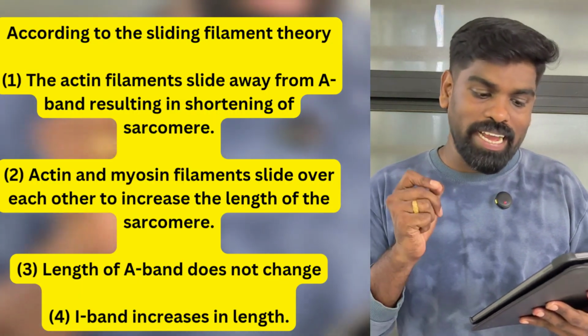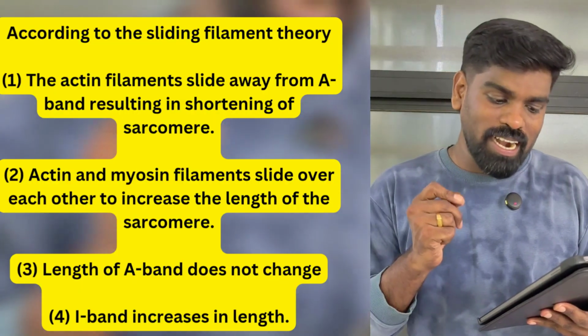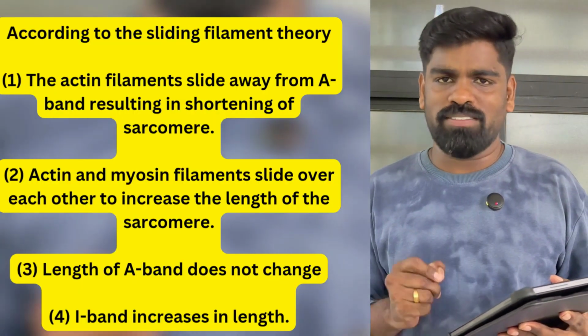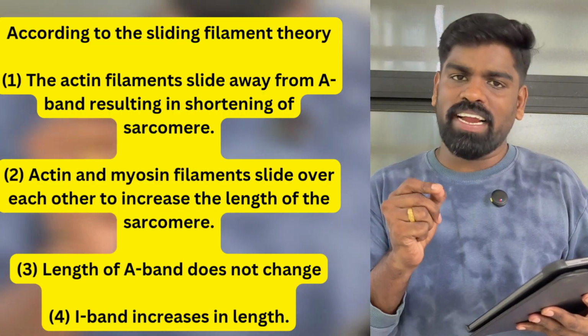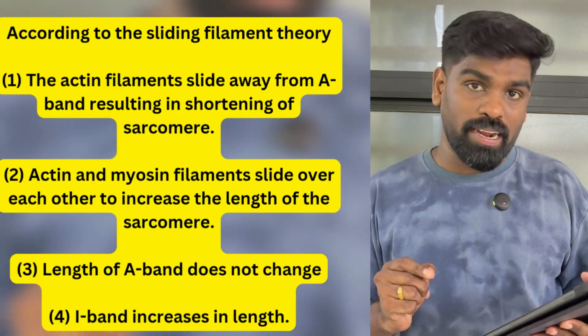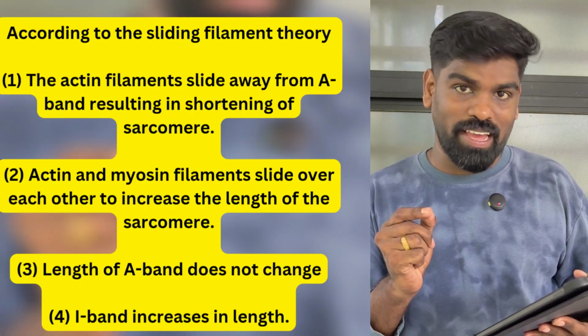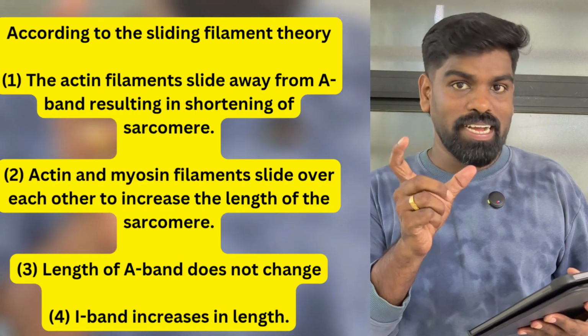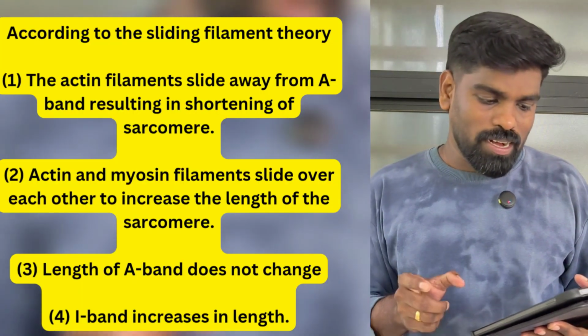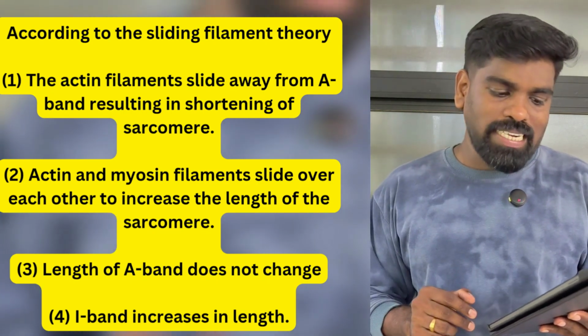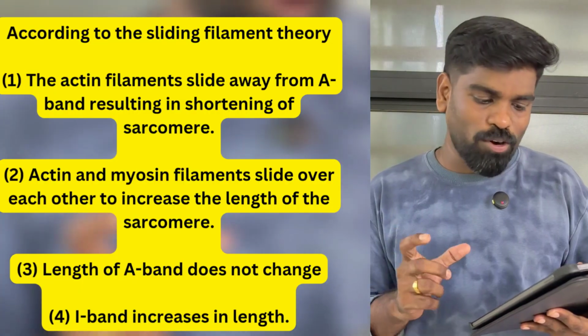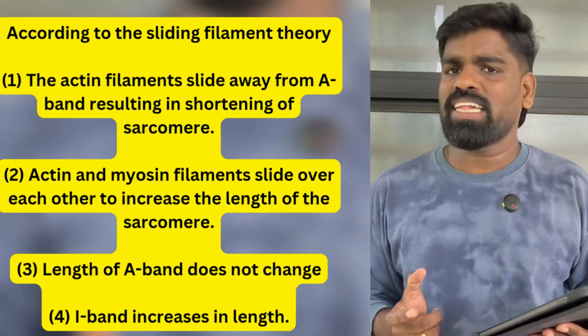Actin filaments slide away from A band, that is the mistake. It is towards the A band, resulting in the shortening of sarcomere.